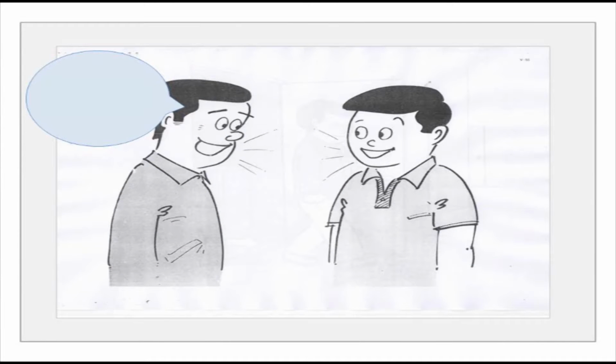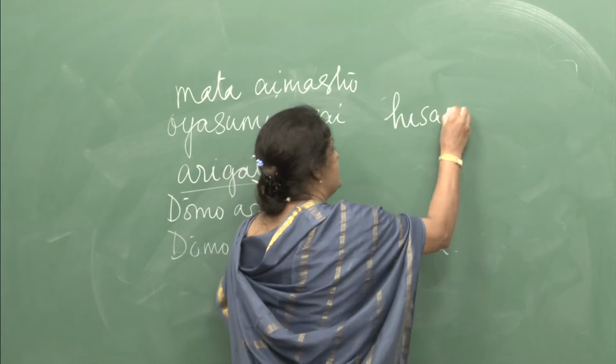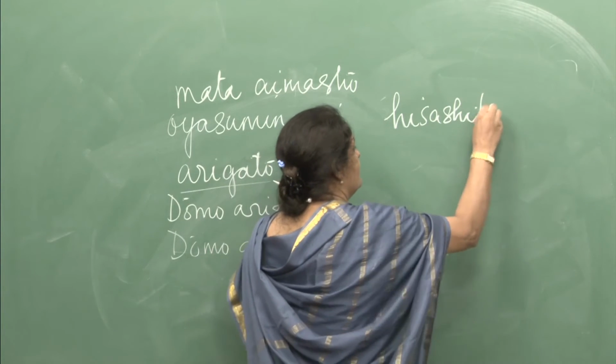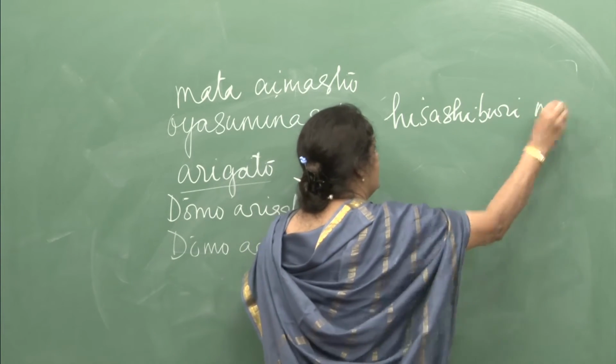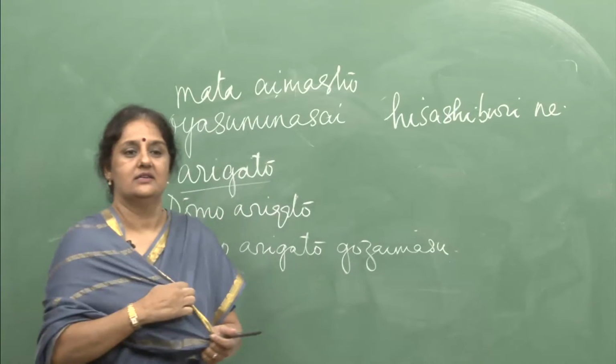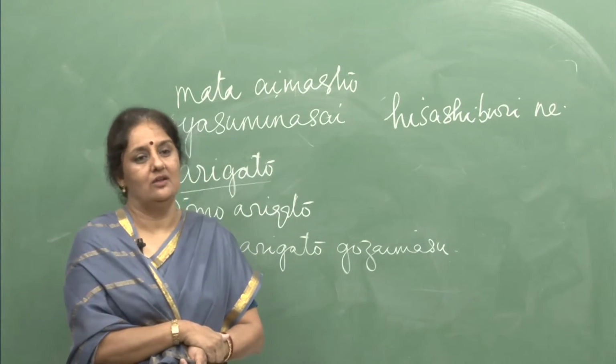Then again there is more in the uta, in the song, and what is this? This is something new, and we just did it very recently in one of our recent lessons. Hisashiburi ne, meaning seeing you after a very, very long time.